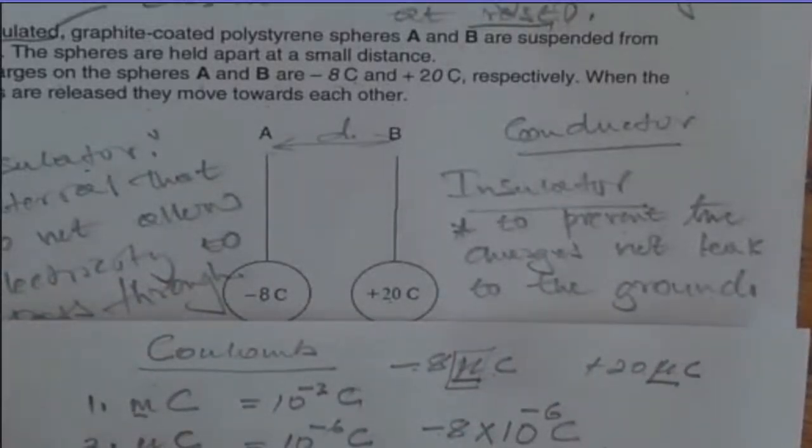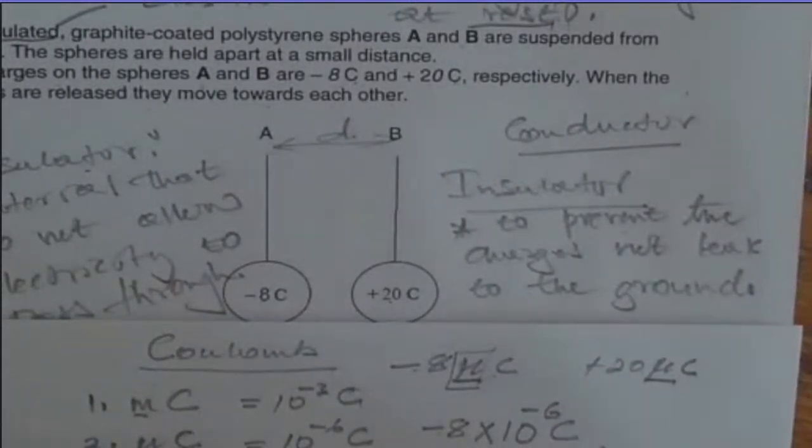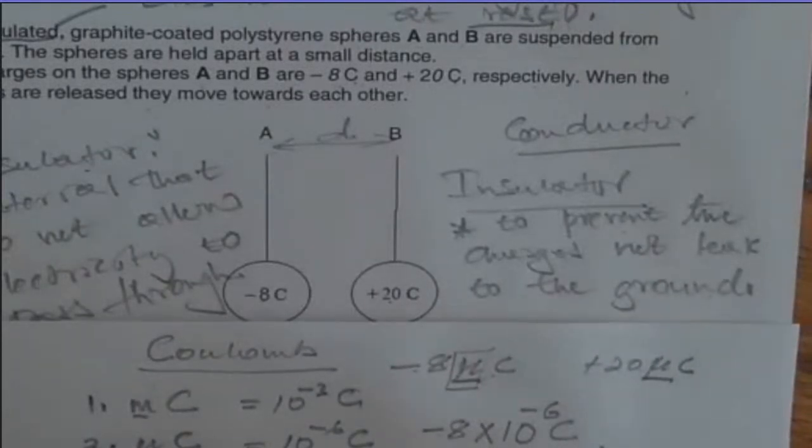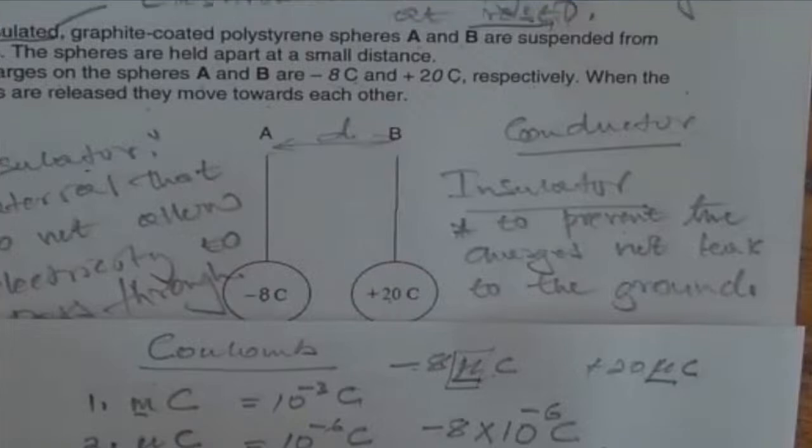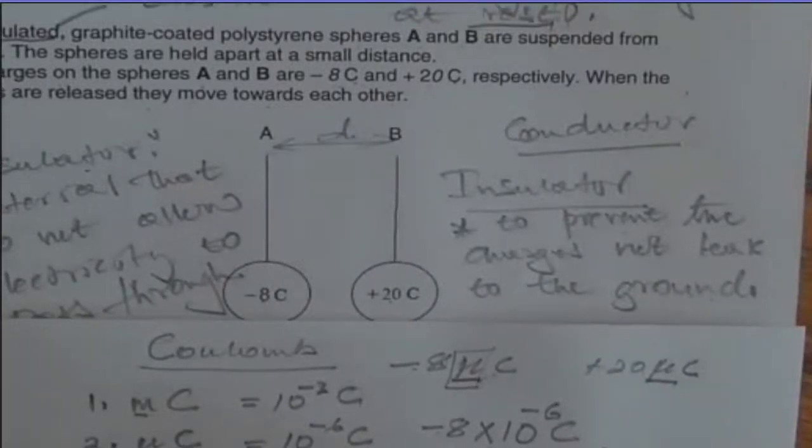Then if you take a ruler and a cloth and rub the ruler with the cloth, what you are doing is either adding electrons or removing electrons. The protons don't move; you don't move the protons, they're always there.